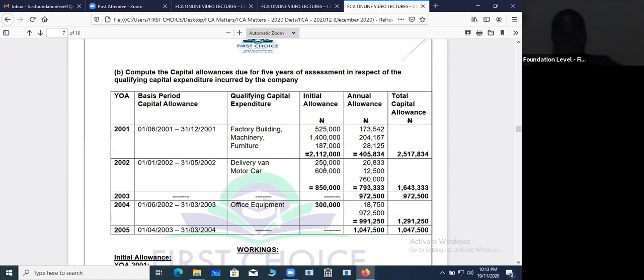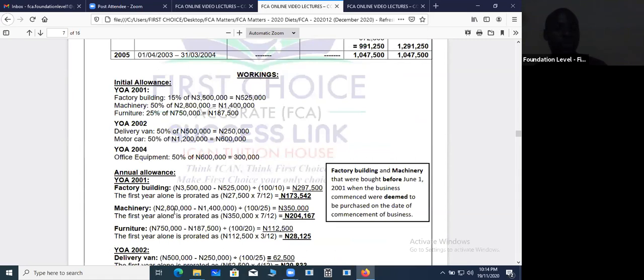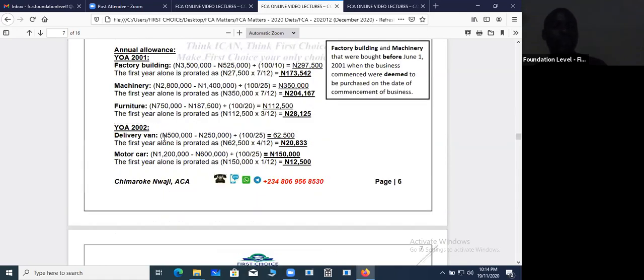So what happened? We add them up, you have your 850,000 as your initial allowance. Okay, annual allowance, what do we do? For year 2002, we look for delivery van costs minus initial allowance divided by the predetermined number of years.